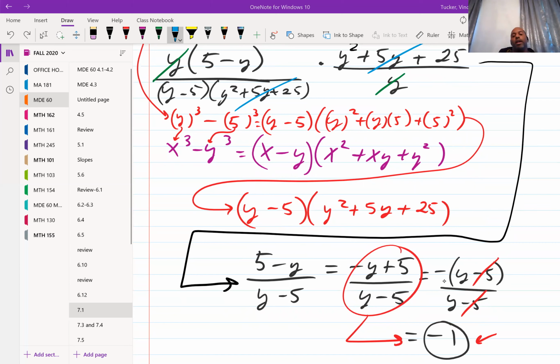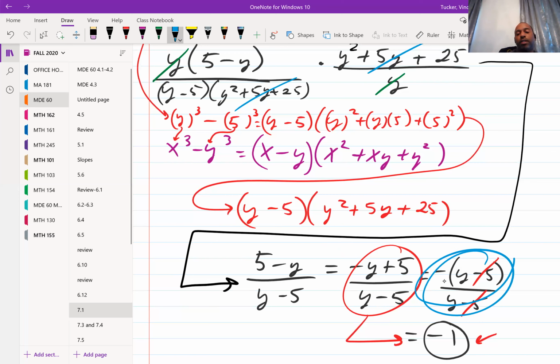You can look at it one of two ways. Either factor out the negative in the numerator, and y minus 5 over y minus 5 will cancel. Or you can just recognize that if each sign in the numerator is opposite of the one in the denominator, negative y, positive y, positive 5, negative 5, the result will be negative 1.